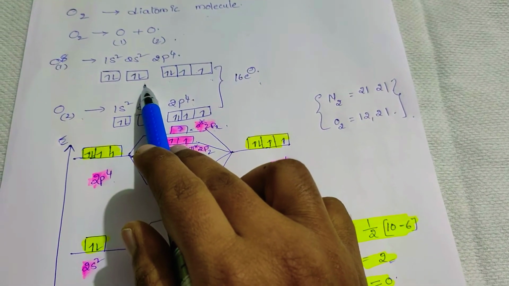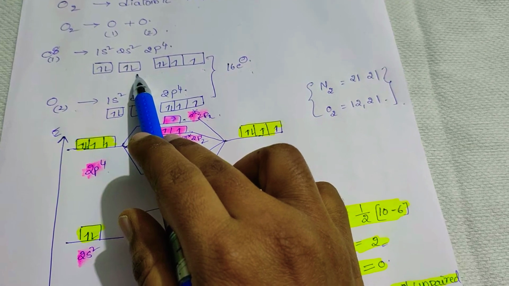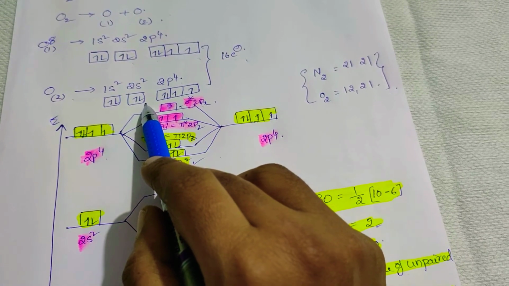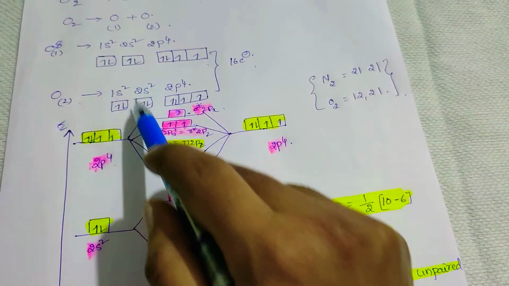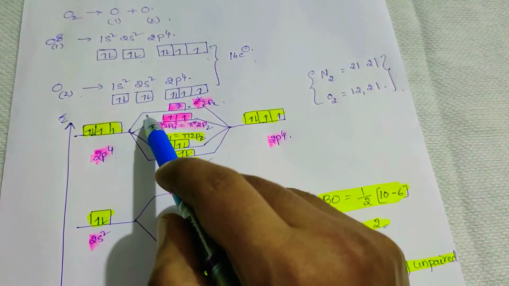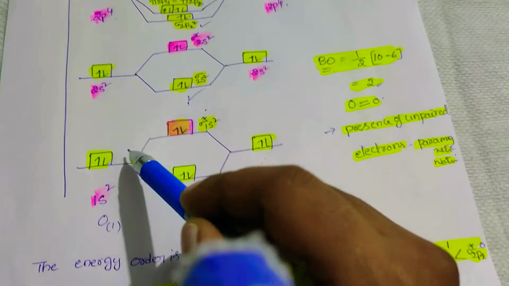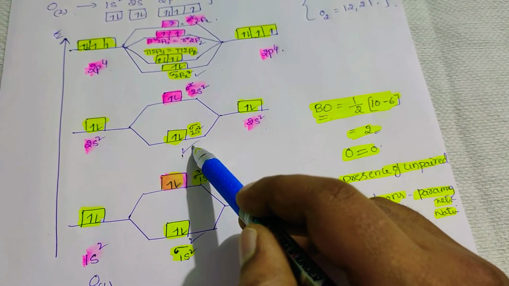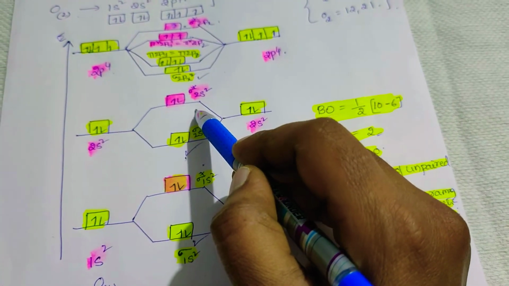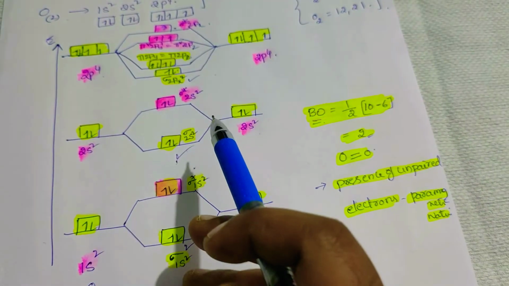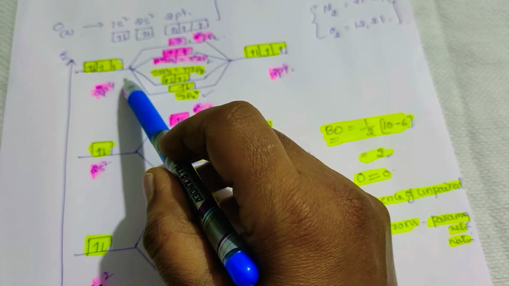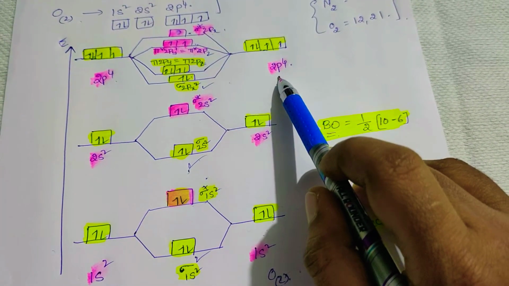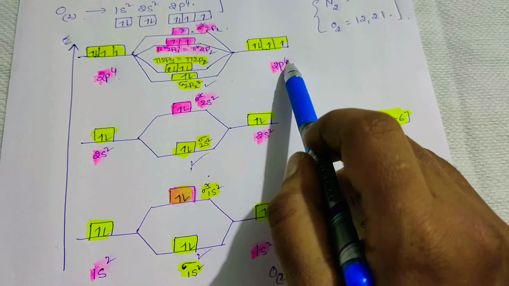Next, the 2s orbital contains 2 electrons in the first oxygen atom and 2 electrons in the other oxygen atom. So in the 2s molecular orbital diagram 4 electrons are filled, 2 in the bonding orbital and 2 in the anti-bonding molecular orbital. The other oxygen also has 2p4, 4 electrons.